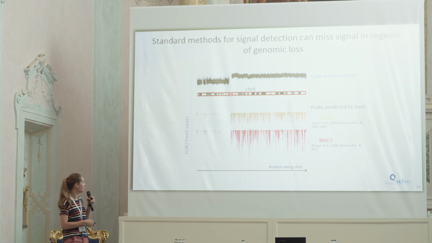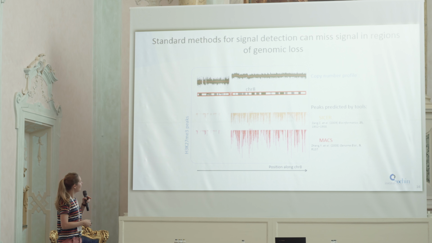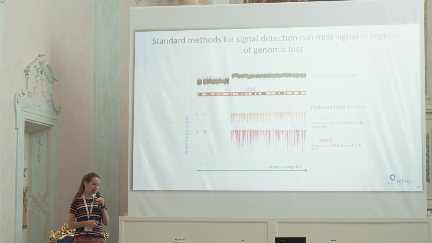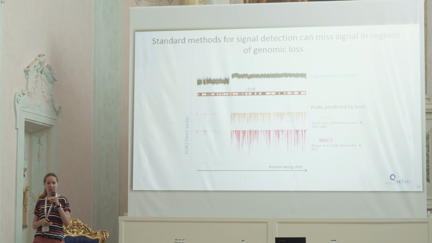The most highly used are CISR and MAX for histone modifications, but they have been developed for diploid genomes, and here I wanted to show that they don't really work well on cancer genomes because they have a huge copy number bias.